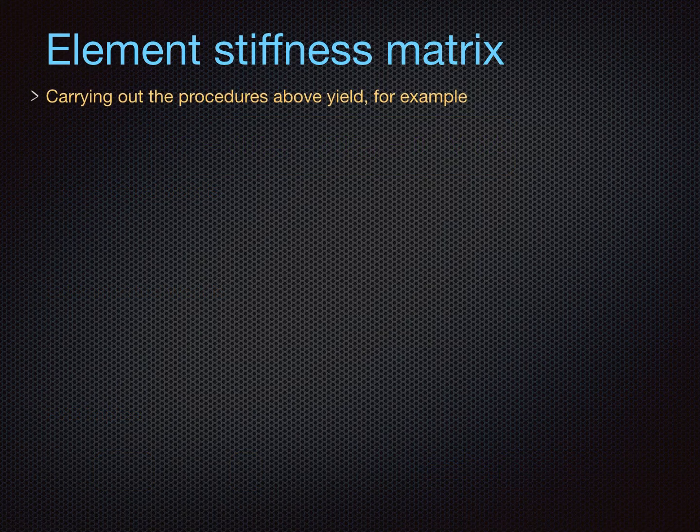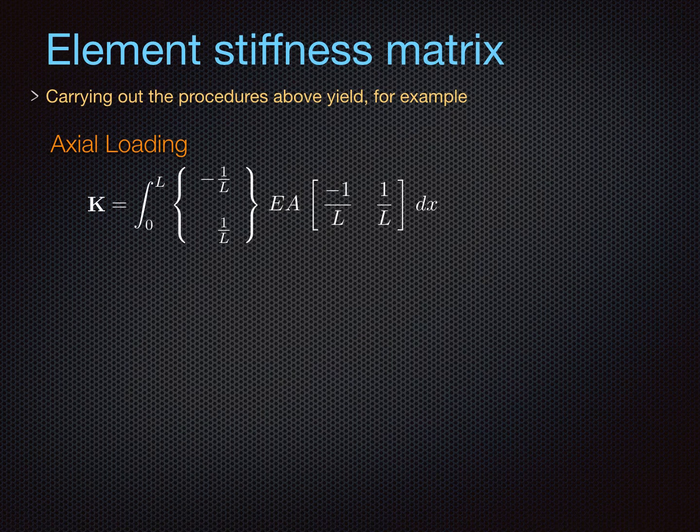So we can exercise the generic procedure that we have described above for the axial problem, for example, where if we are just interested in solving trusses and we're interested in devising the element stiffness matrix for a truss, our B transpose CB matrix would just simply look like that. And if we carry out the integral from 0 to L, which is the volume of that problem, we will end up with this stiffness matrix.